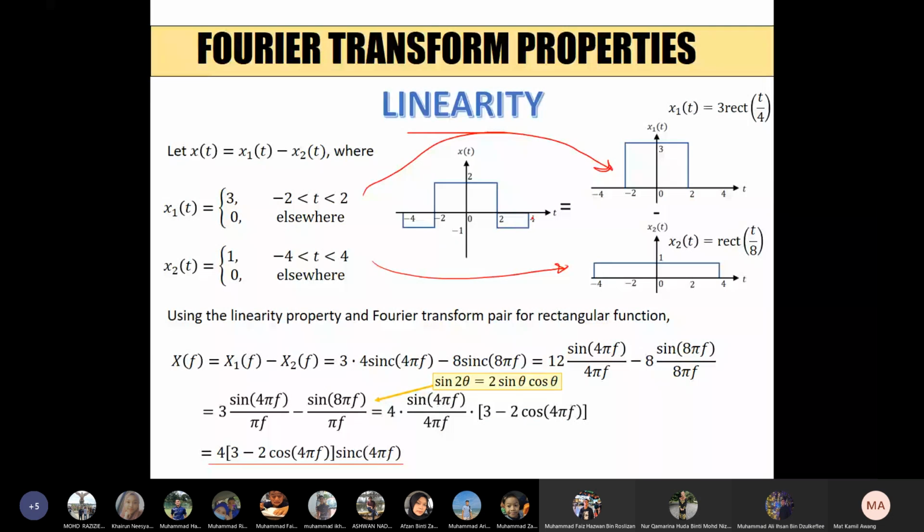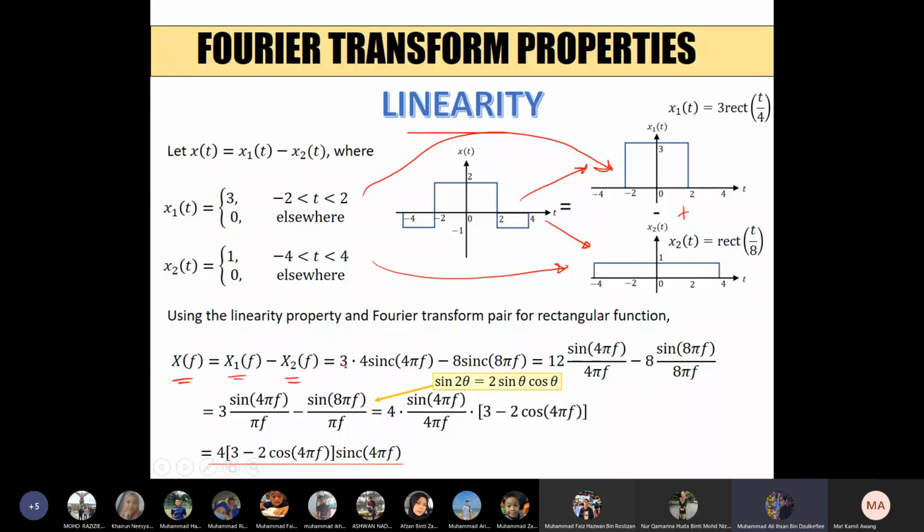Basically, we decompose the original function into these two functions, and you add them together. So you get this, right? So by using the linearity property and the Fourier transform pair for the rectangular function, then you can write x of f.